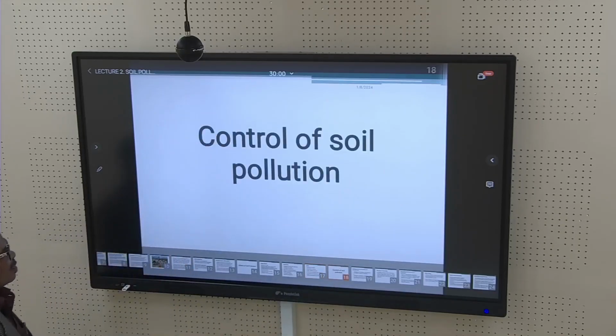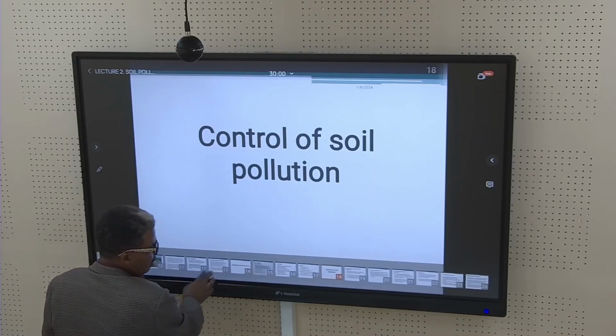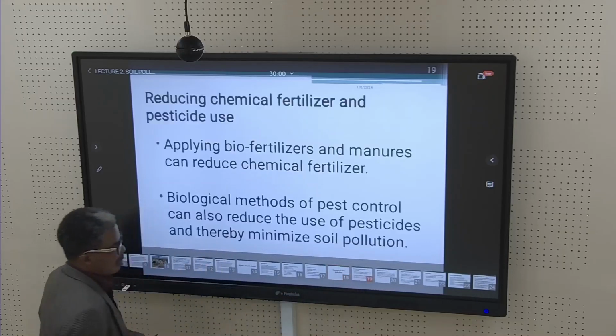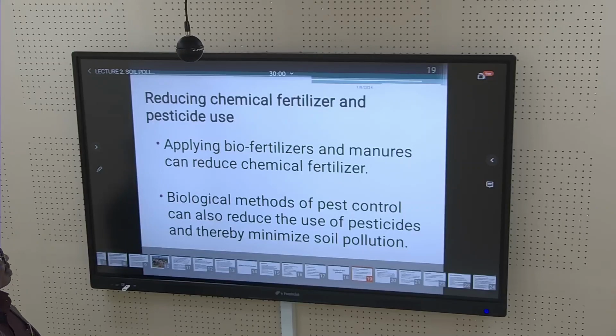So after we have seen the effect of soil or land pollution, let's discuss how to control this soil pollution. Reducing chemical fertilizer and pesticide use.